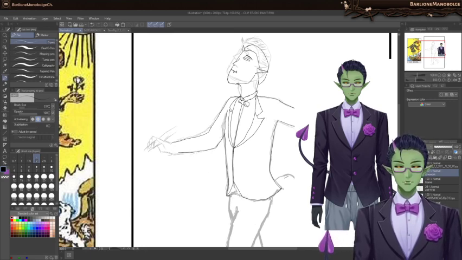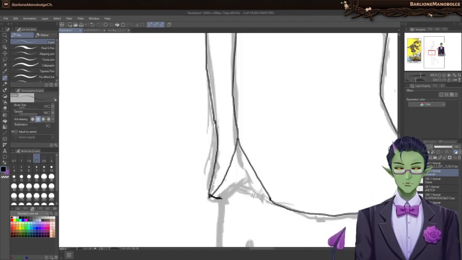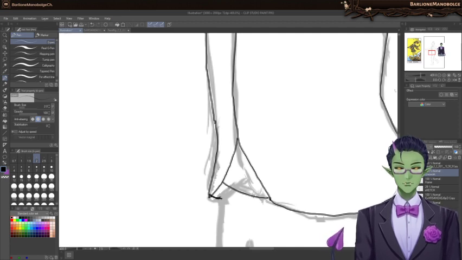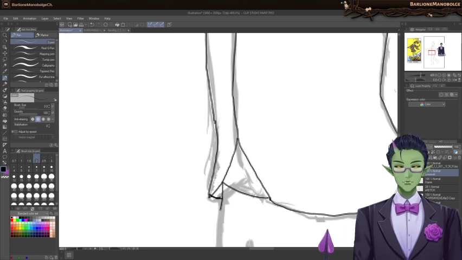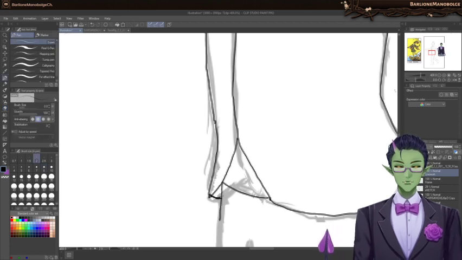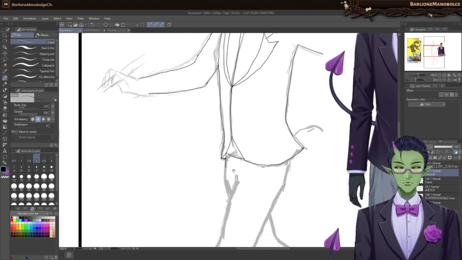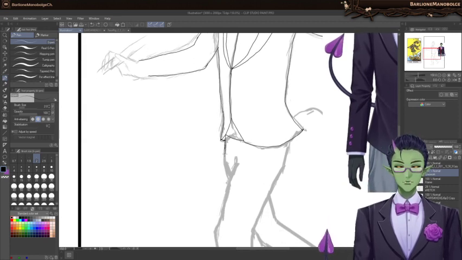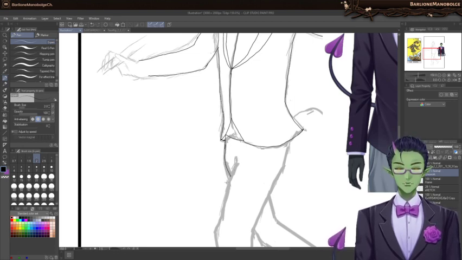Okay. Now then, down to the lower body goes. Pants line. Okay, and this is waist. Goes into the leg that is moving backward.